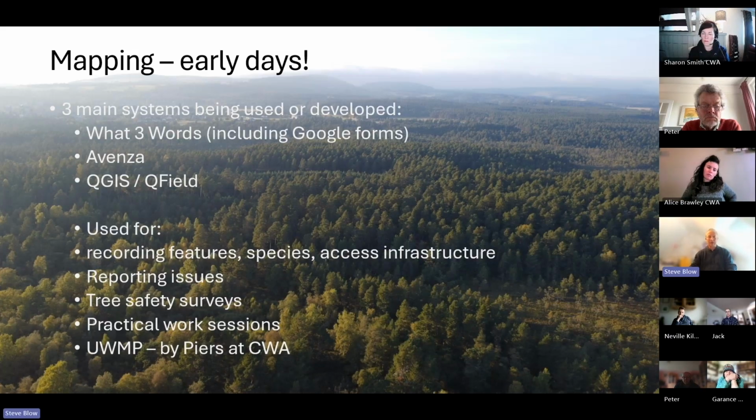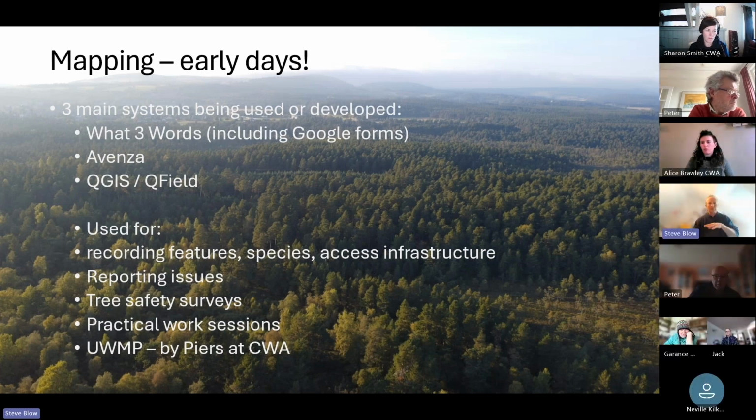We're doing our tree safety surveys and recording some of that, and then information around practical work sessions and planning for future works. And then, as I mentioned, the urban woodland management plan with peers has provided us with another good selection of information, all the shape files that he used in that to help build up our picture of the woods.